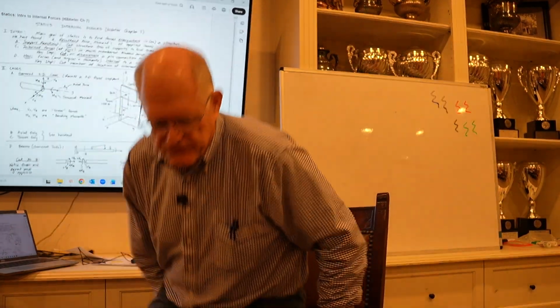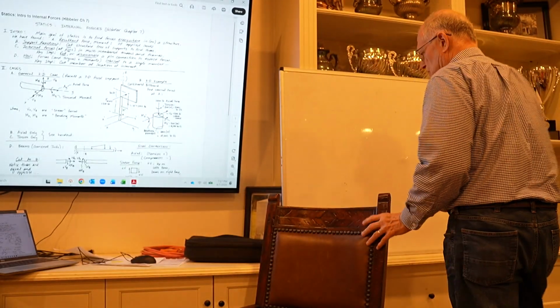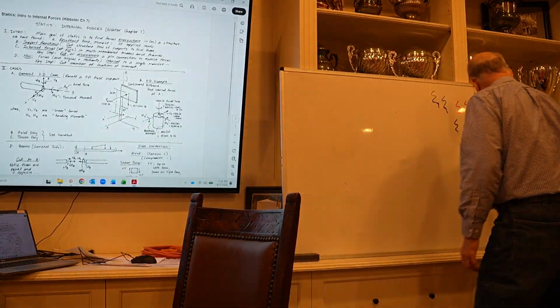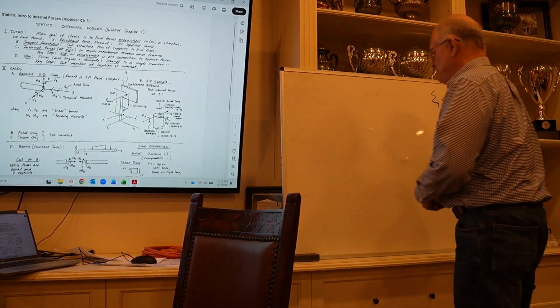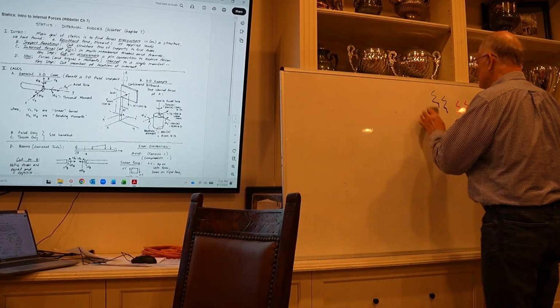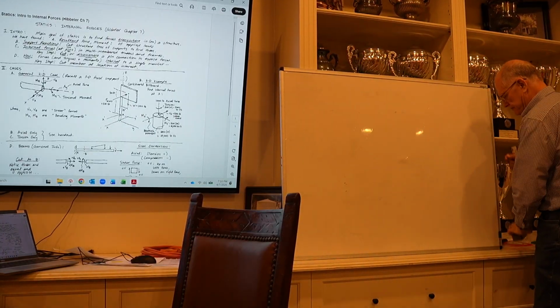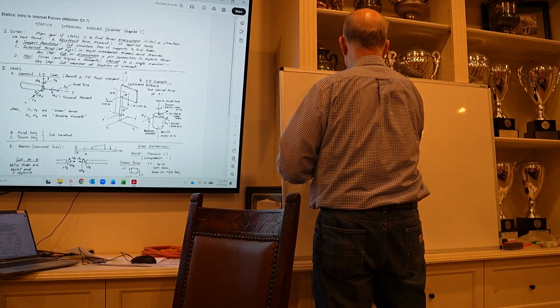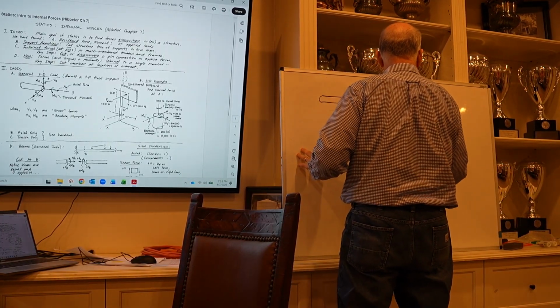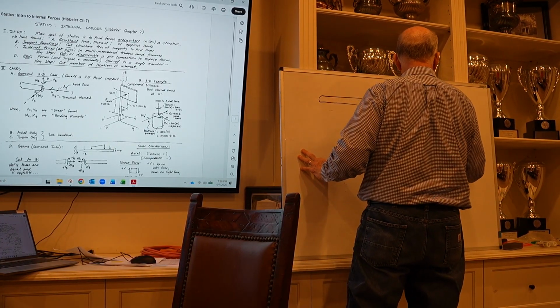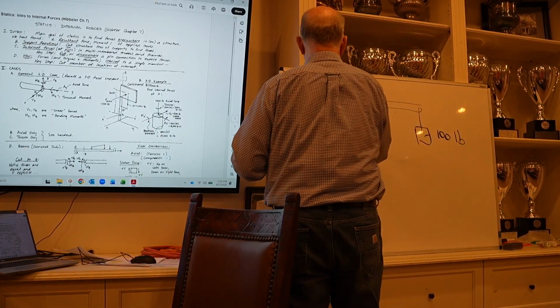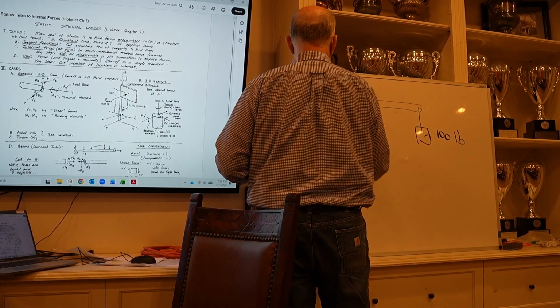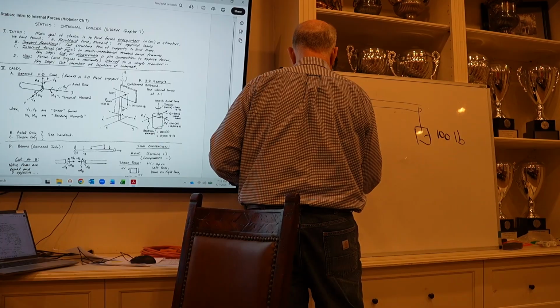like if you have a 2-force member, nobody ever talks about this either, but if you basically have a simple beam that's hanging out here with a load hanging from it, let's say this is 100 pounds, and we've got a pin here and another pin down here.